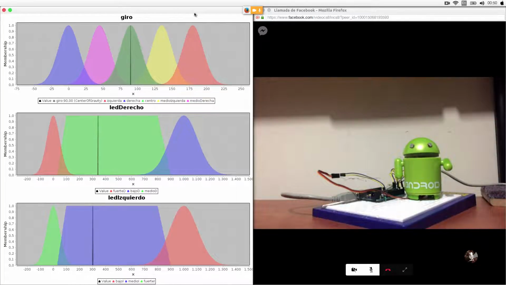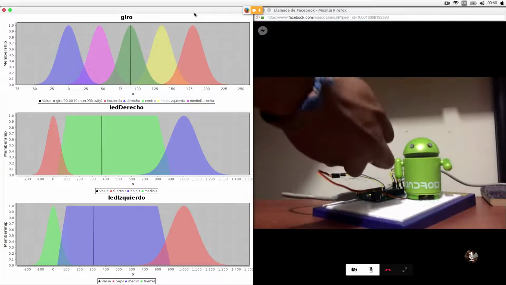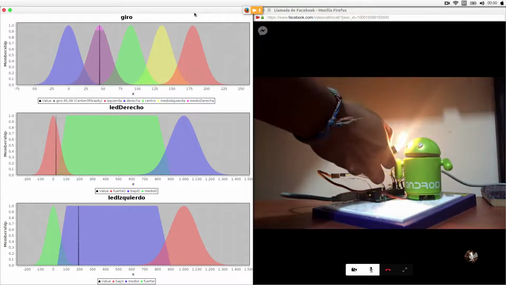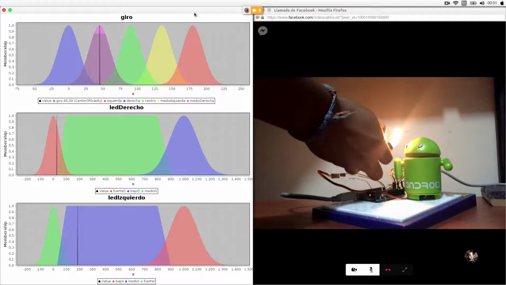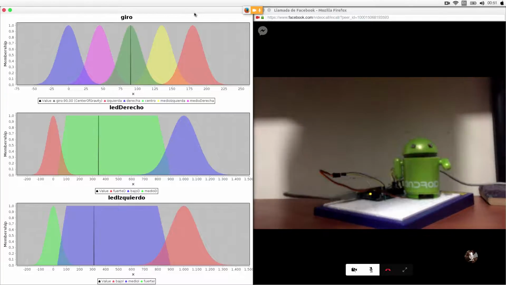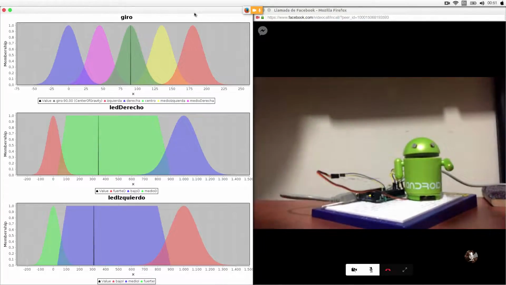Now we will give light to the right LDR. The robot turns his head to the right, and returns to the center because the light for the two LDRs is the same.